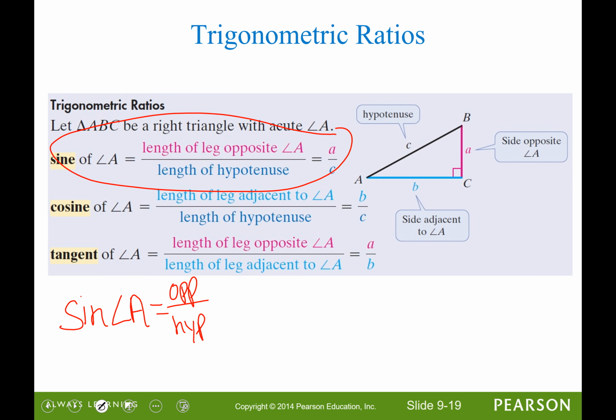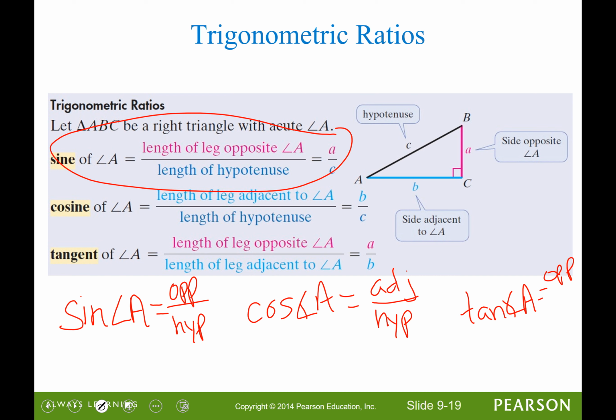The next one would look like this: cosine, COS, of angle A is equal to adjacent over hypotenuse. And the third one is often abbreviated as TAN for tangent of angle A is equivalent to the opposite side length over the adjacent side length.